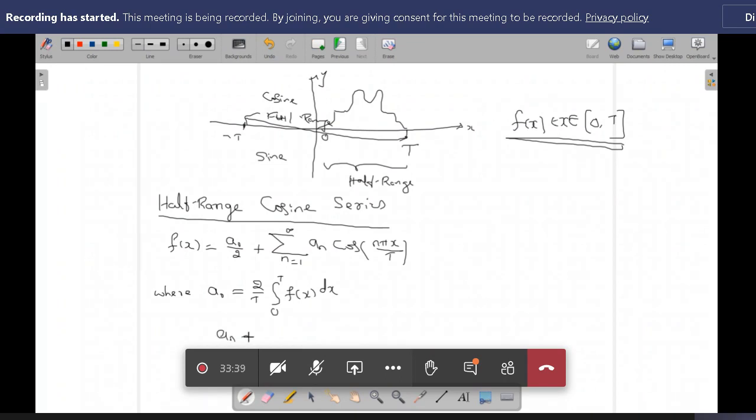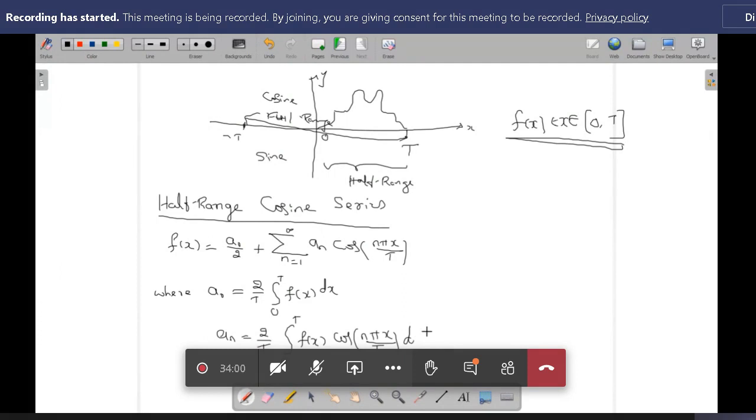Similarly, an is 2 by t integration from 0 to t f of x into cos n pi x by t into dx.